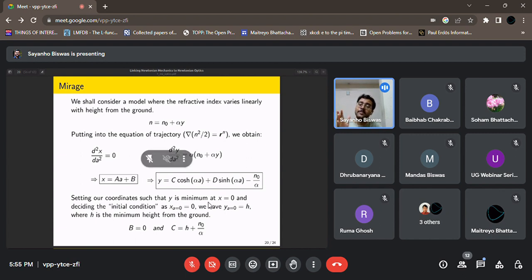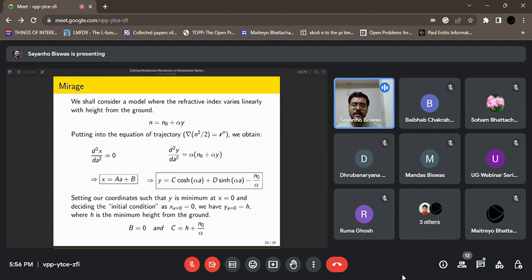Where I learned it from, a very nice source, is Apostol Calculus, Volume 1. There is a famous chapter on solving linear differential equations, very beautifully explained with rigorous proofs. It's pretty simple, trust me. I'll not go into the details, but you can go through this method. It's a very nice method.